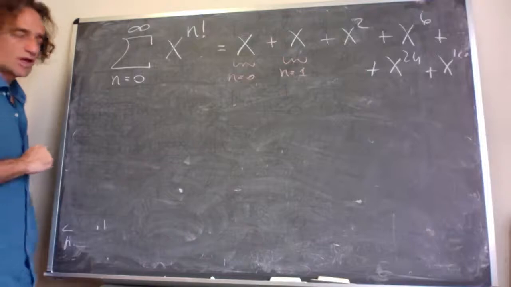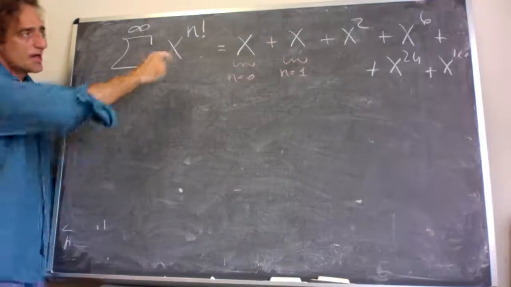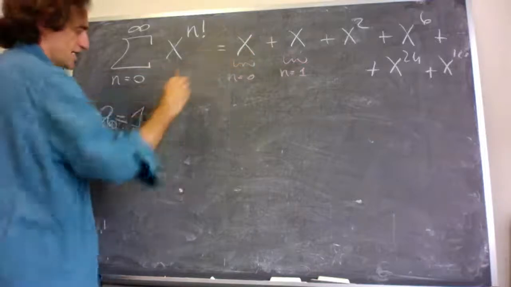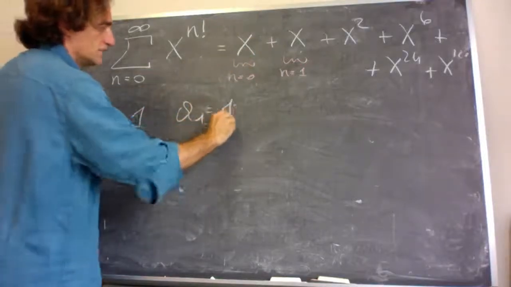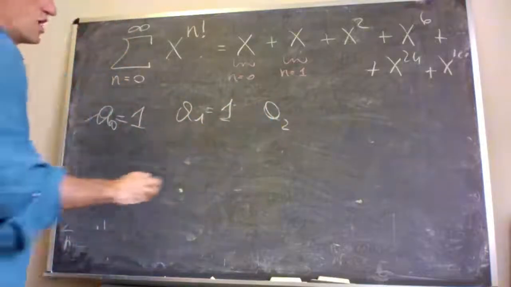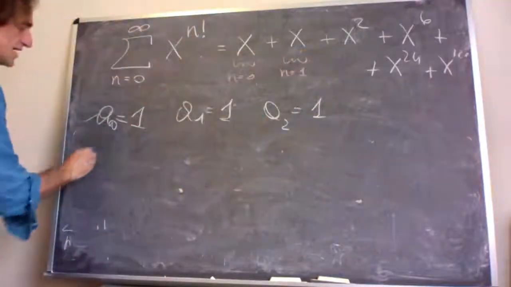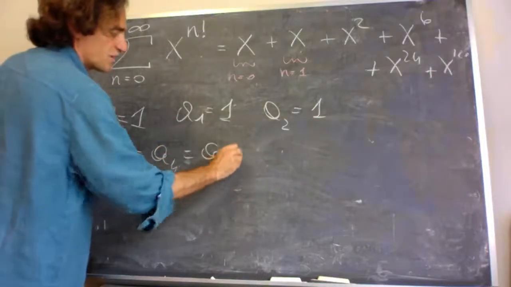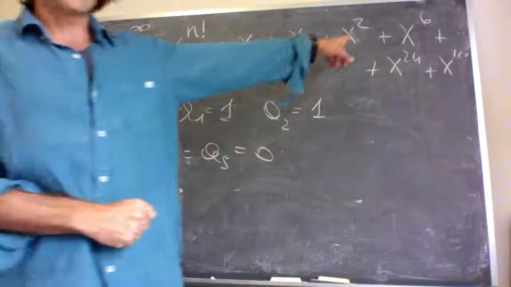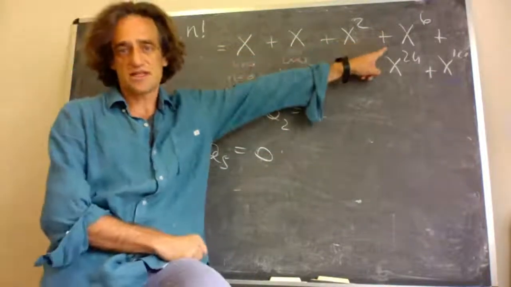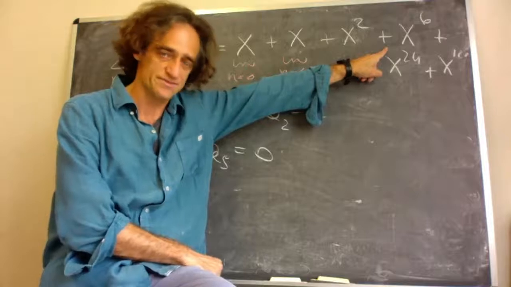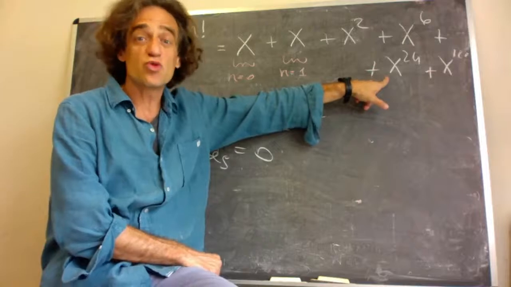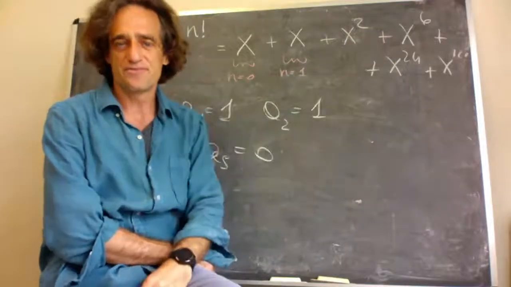So here we have a_0 equal to 1, a_1 equal to 1, a_2 equal to 1. Then we have that a_3, a_4, and a_5 are equal to 0. Then a_6, the coefficient of the 6th power term, is equal to 1. And then from a_7 up to a_23, they are all equal to 0.